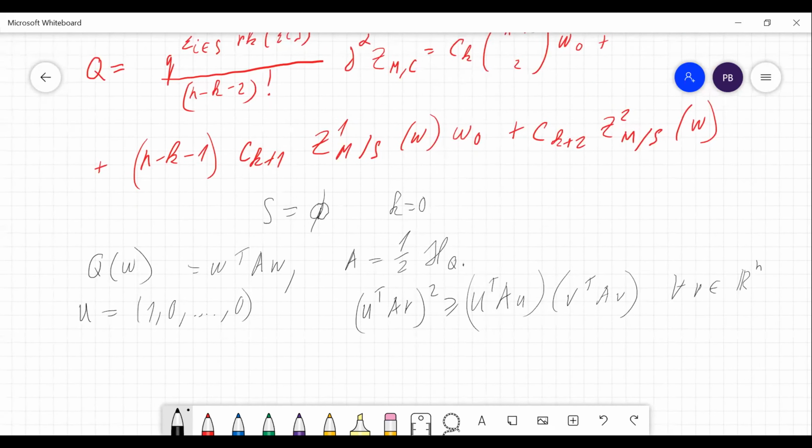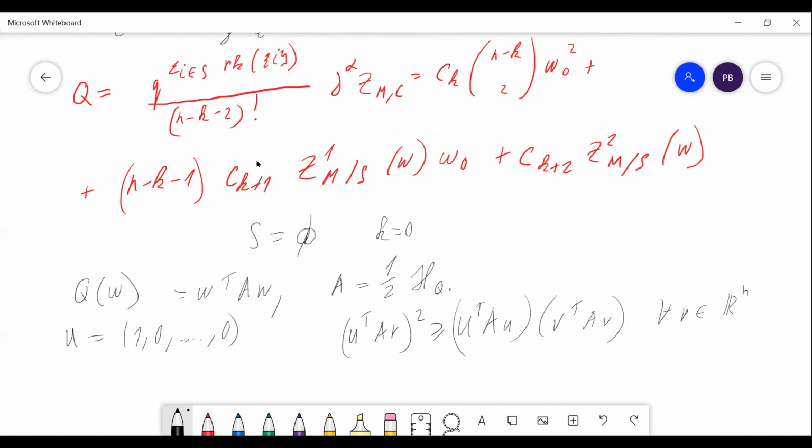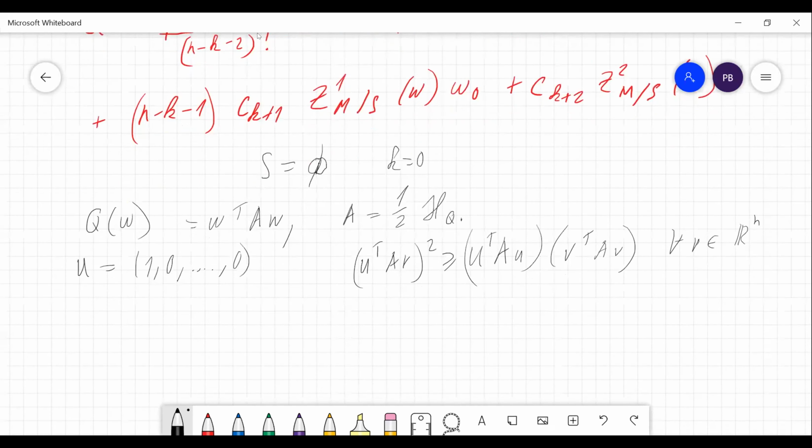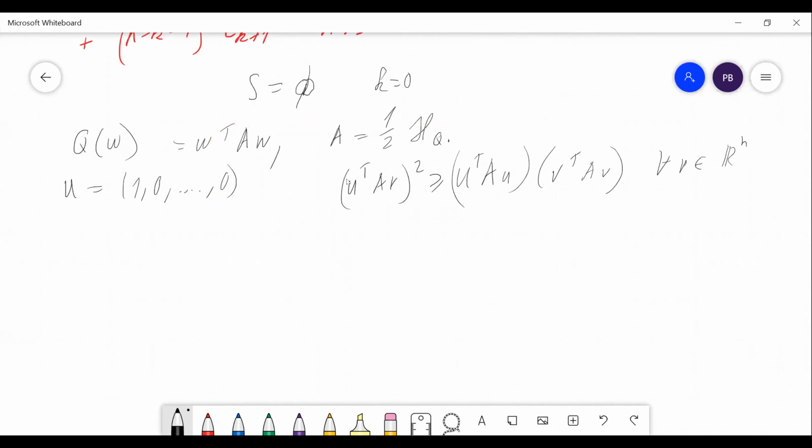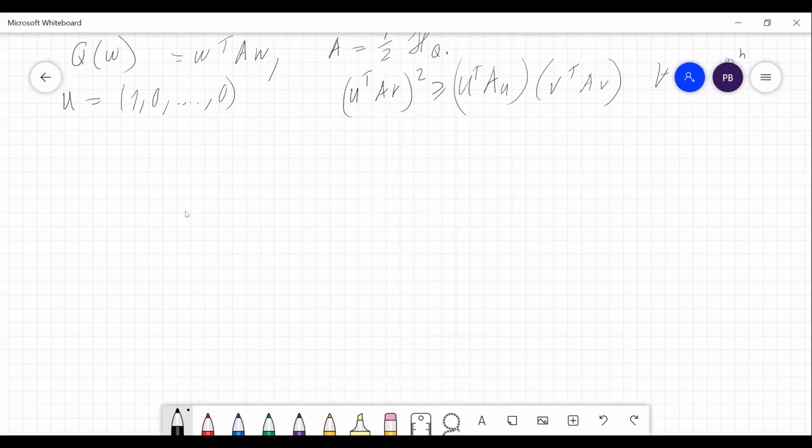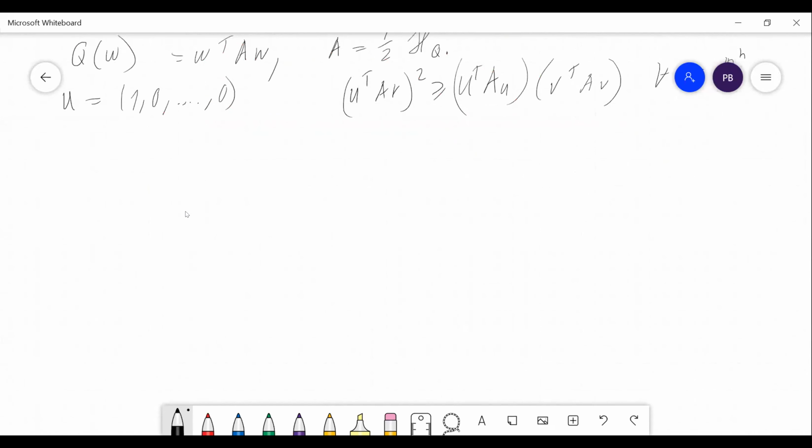So from this horrible crocodile, what we want to prove reduces to a much nicer formula.